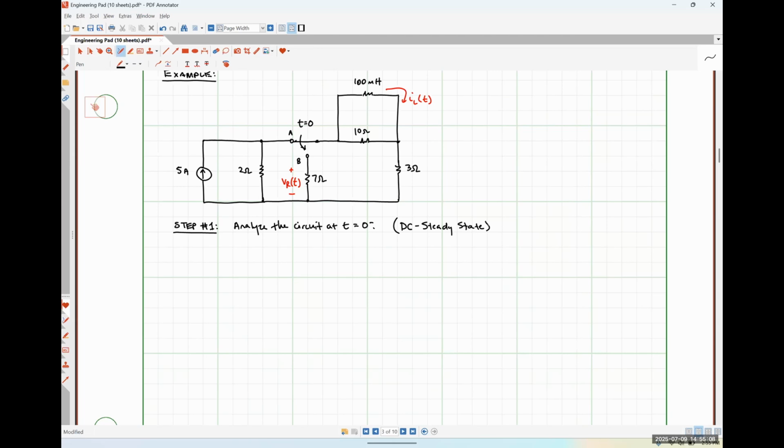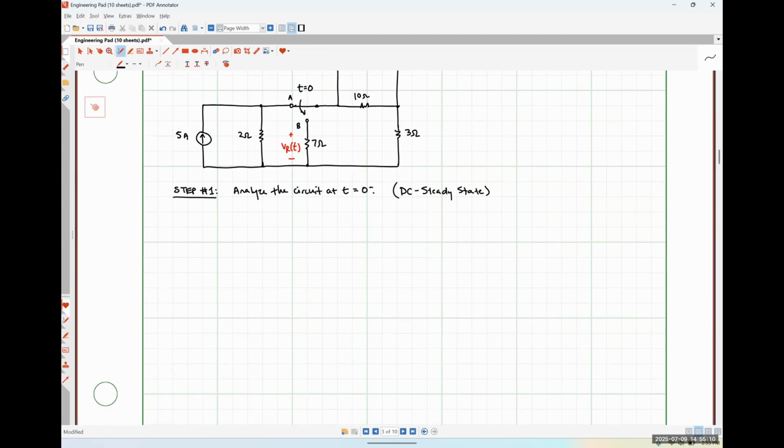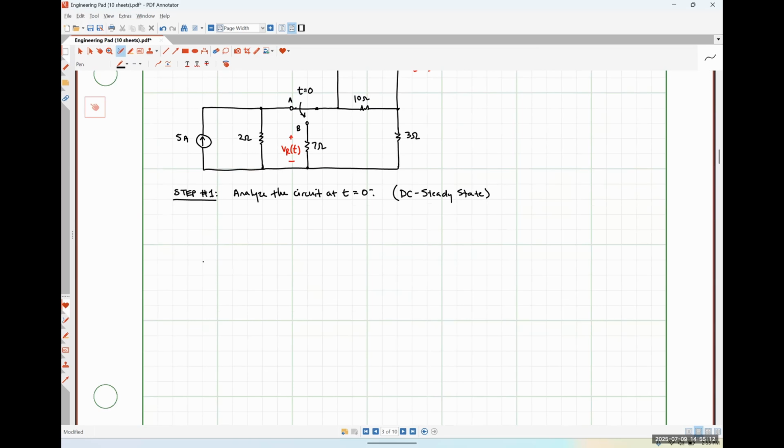So at this particular point in time, my circuit looks something like this. So here's my 5 amp source. Here's my 2 ohm resistor. Here's my terminal B, which is open circuited. Here's my 7 ohm resistor.